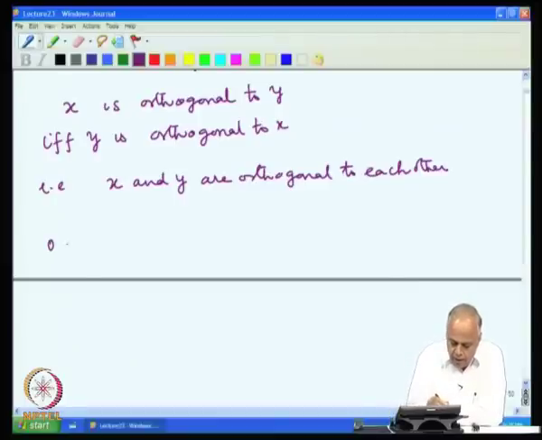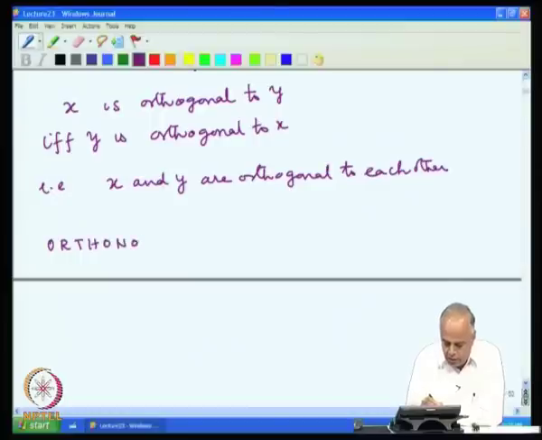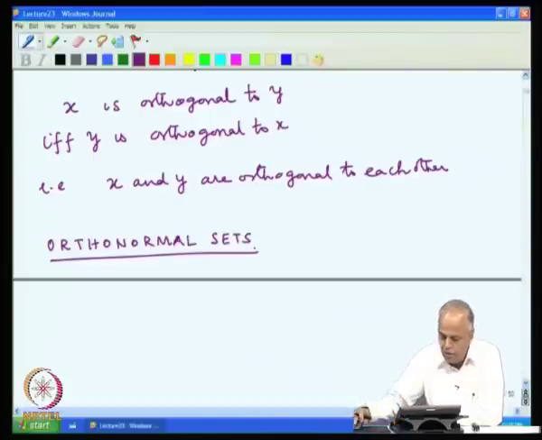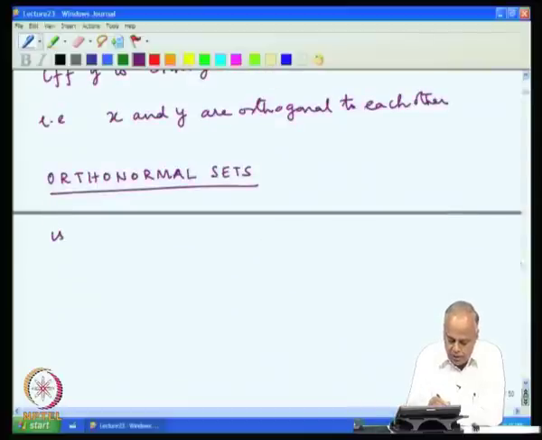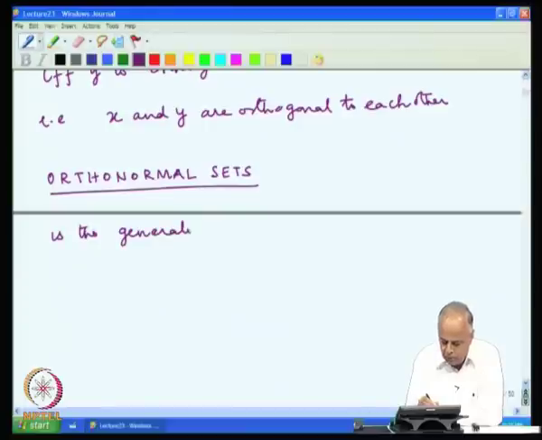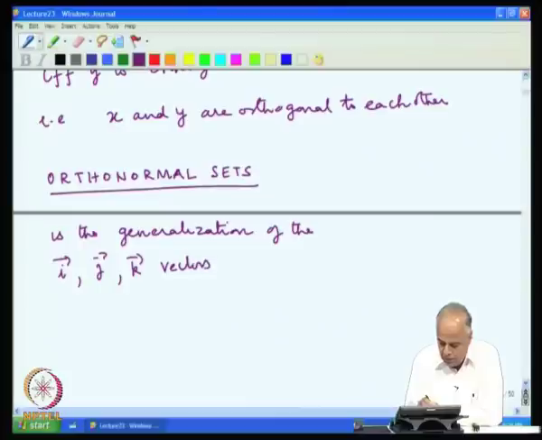We next began looking at the notion of orthonormal sets. This notion is the generalization of the i, j, k vectors, which you would have seen in vector algebra in R 3.